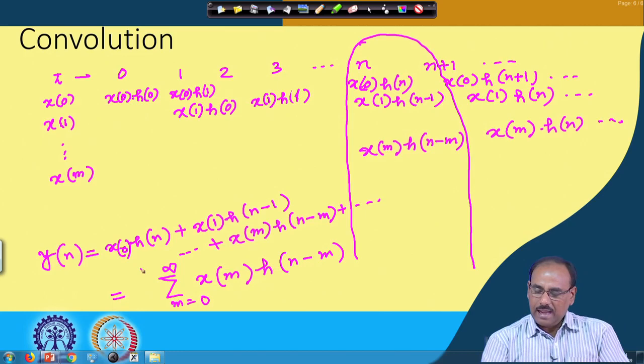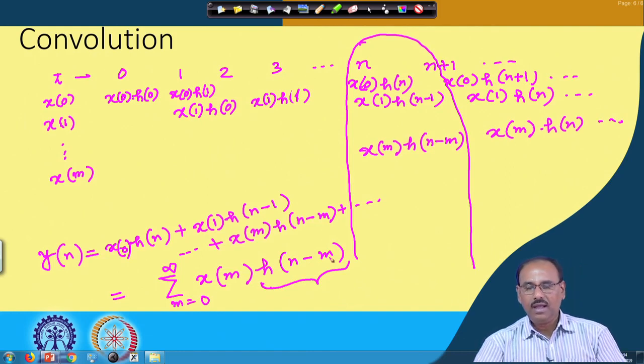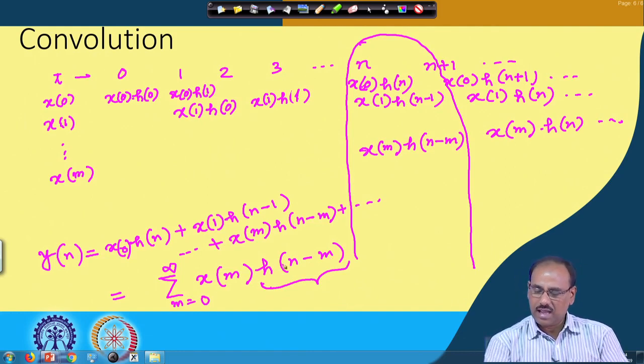So, what does it give? Apparently, it appears that your impulse response h is flipped because I have h n minus m. It is flipped, shifted to n, then multiplied point by point with xm, and then added from m equal to 0 to infinity, and that is what gives you the output at t equal to n.